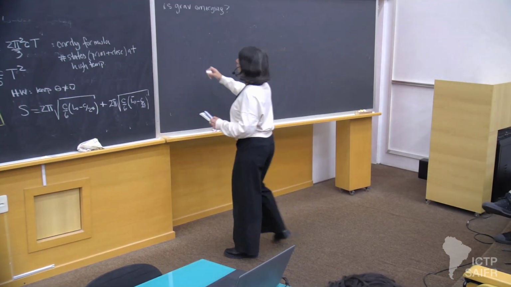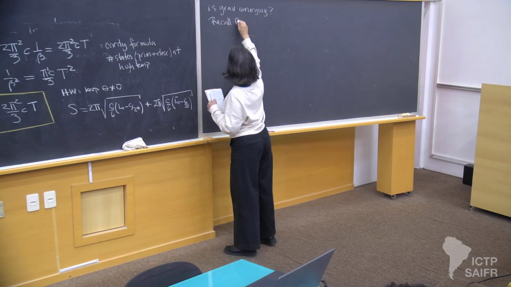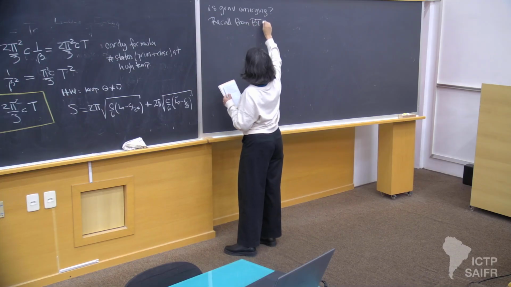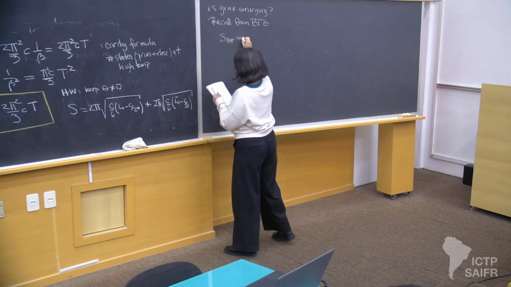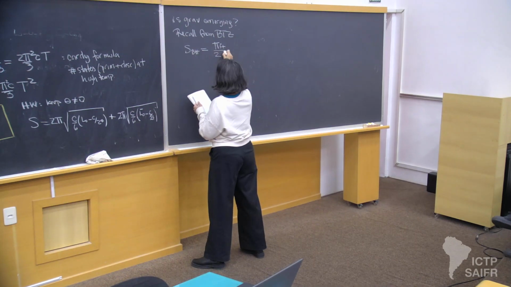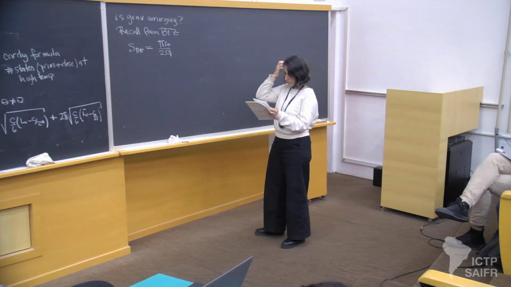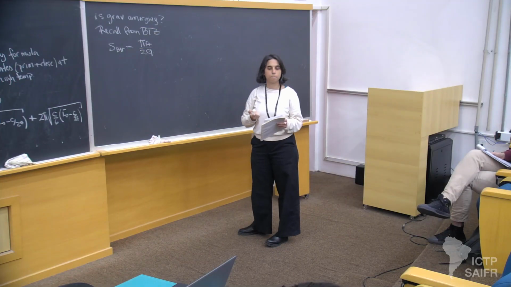So let's recall from BTZ that the entropy of the black hole was given by pi times r plus over 2G. Right? That was the Bekenstein-Hawking entropy.